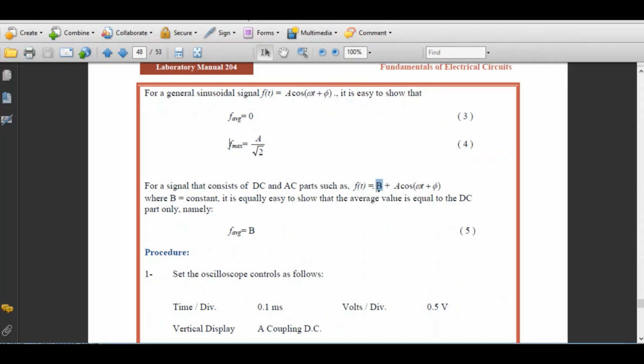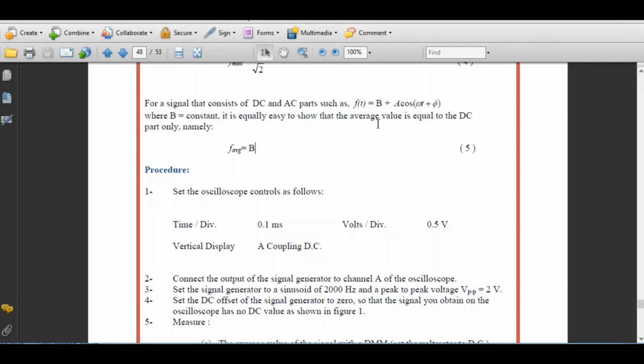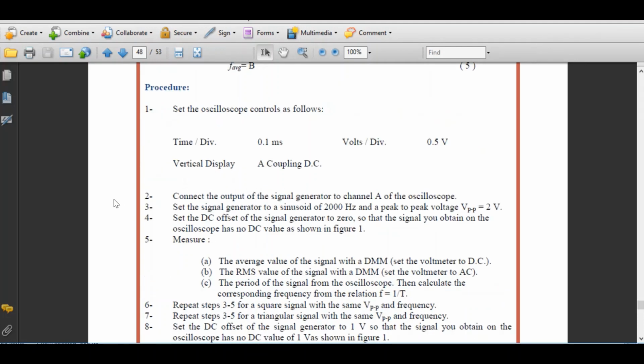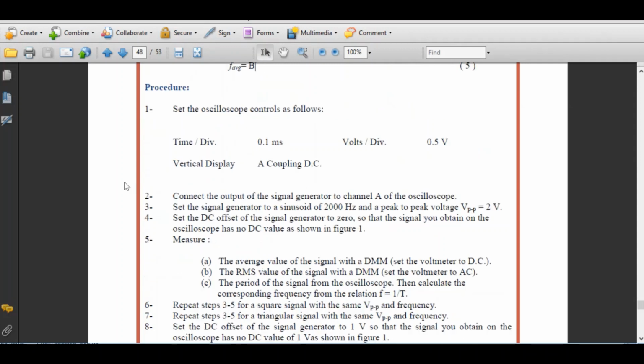If we add a constant number to this waveform, the average of the sinusoid is still 0, and since the added term is a constant, the average value becomes equal to that constant. Similarly, you can easily find the RMS value with the addition of a constant. However, these are just formulas to calculate it theoretically, which you did in the pre-lab.